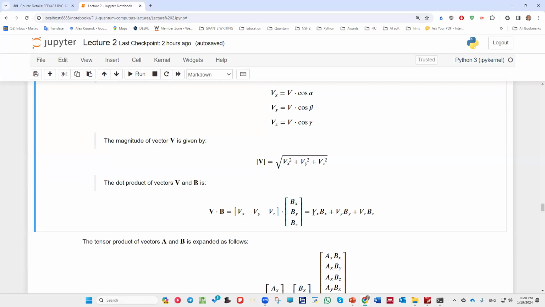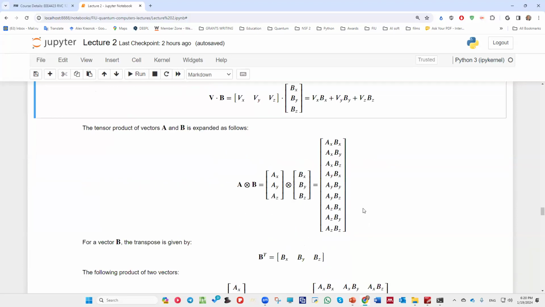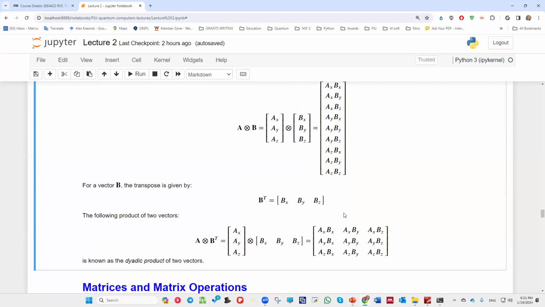Simply the summation of the products of the components of the vectors: vx bx plus vy by plus vz bz. Pretty straightforward. And finally, the tensor product of these three-dimensional vectors also can be written like this.